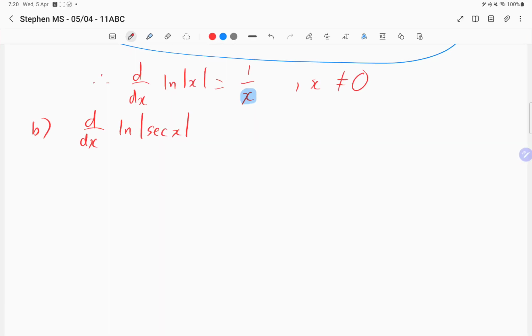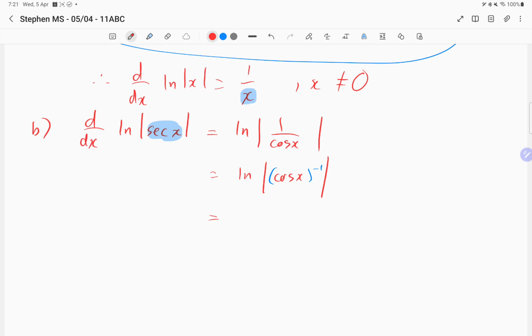When you see this one, it's a function in a function, so you need the chain rule. The first part is to turn sec into 1 over cos. Remember, sec is 1 over cos. So that would be ln of cos x to the power of negative 1.